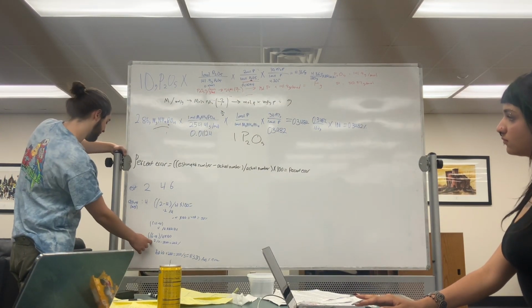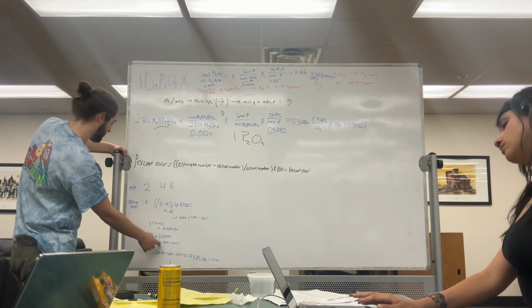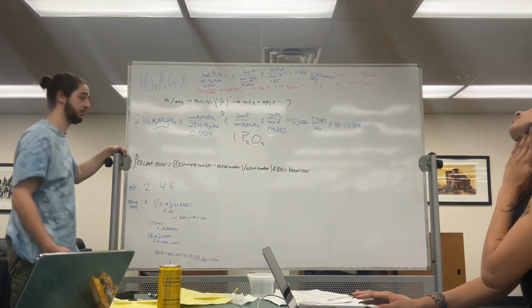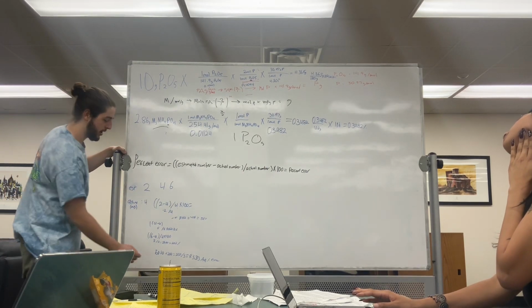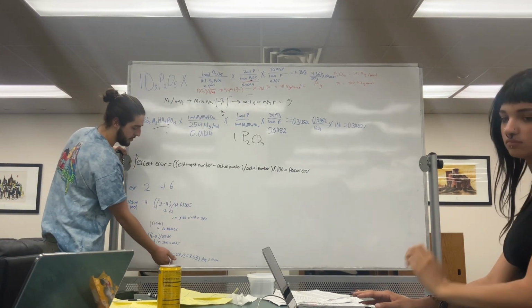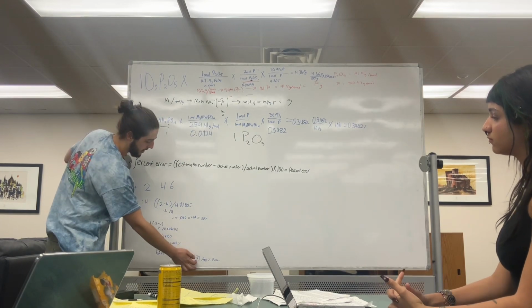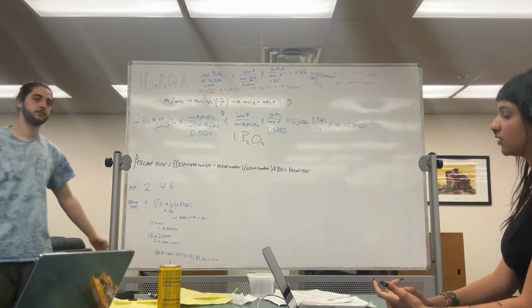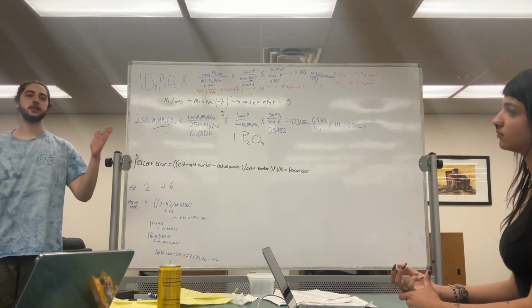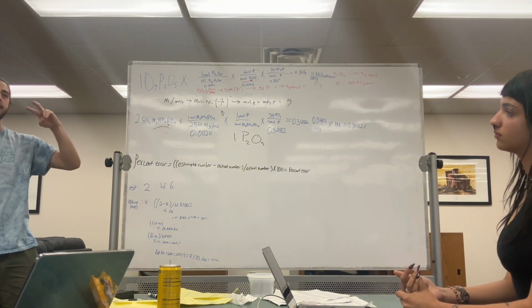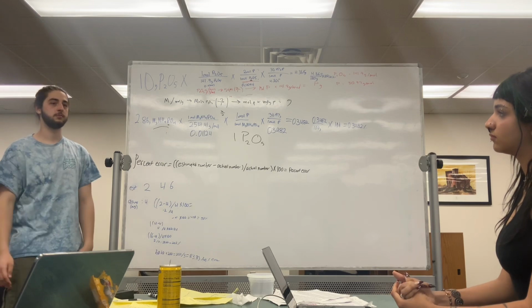And this third one is 6 minus 4, so 2 over 4, 50% error. And then you add up all 3 and average it out, and then you get the average percent error. And percent error is just how far off your measurement was from what it should be.